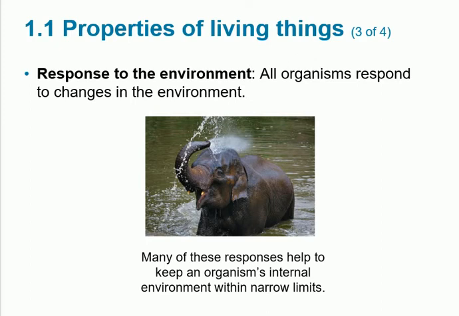So this range, let's say 98.4 to 98.8, and so on. So there is a range. Or if you say 37, you can say 36.5 to 37.5. This is the normal range or the normal limits.